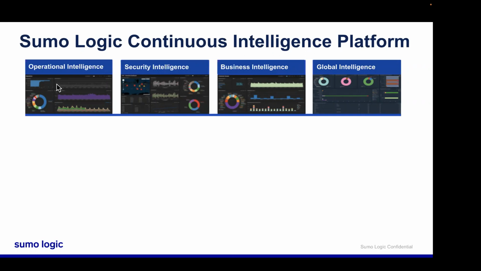So again, this is one example of a dashboard that we could have created in our tool to glean some information. From a security perspective, we could have created a dashboard to find out who's using root access. Is anyone logging in from multiple locations simultaneously? We could have gleaned that type of information from a security intelligence dashboard.